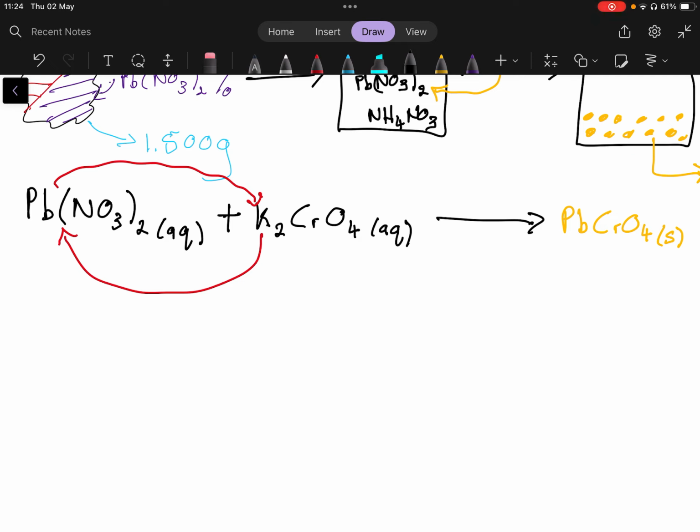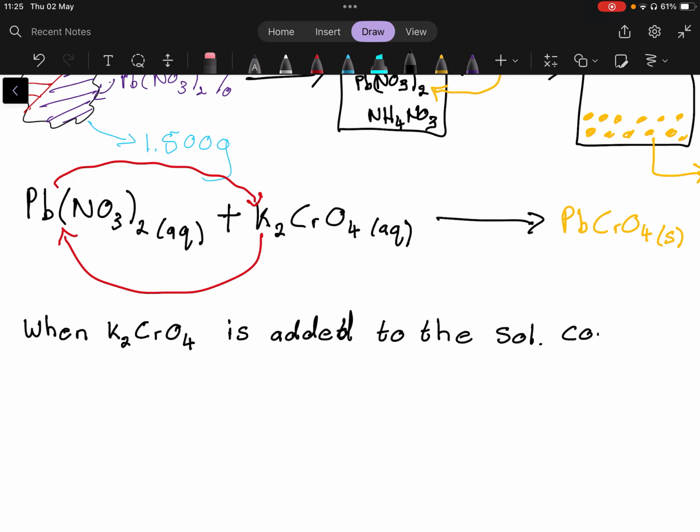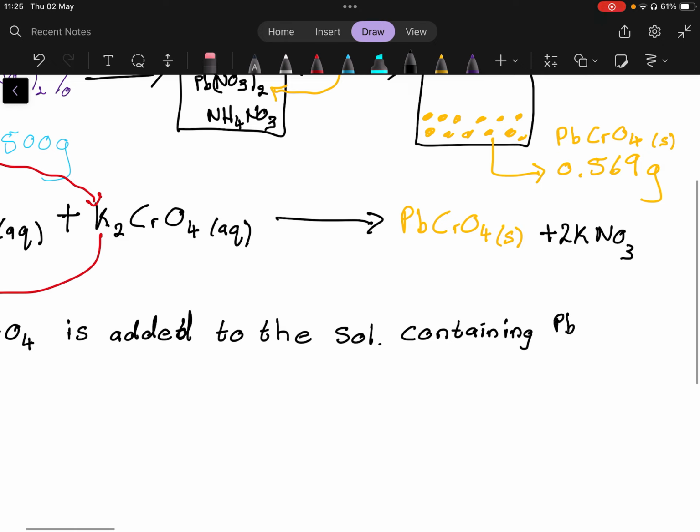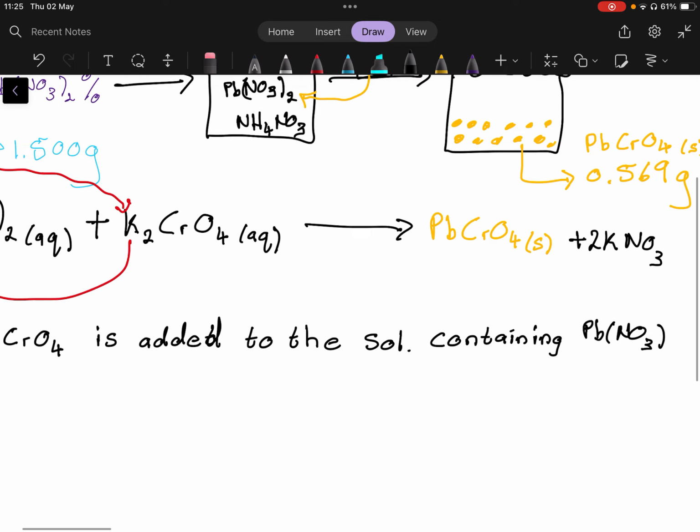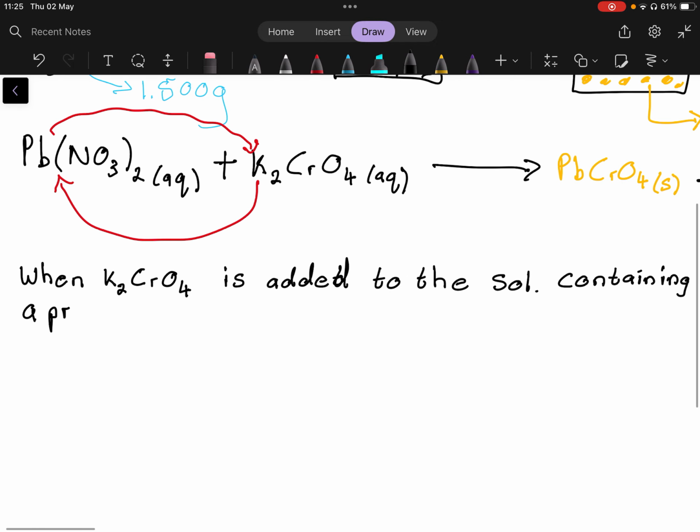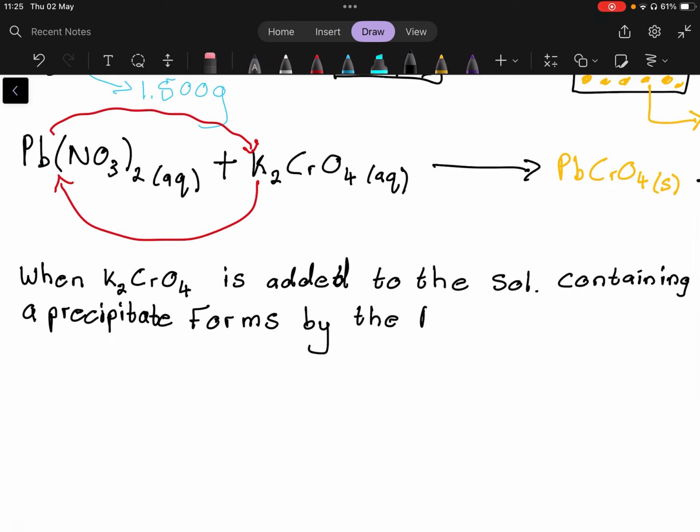So you would start by saying something like, when the potassium chromate is added to the solution containing lead nitrate, a precipitate forms by the following reaction, by the reaction equation below.